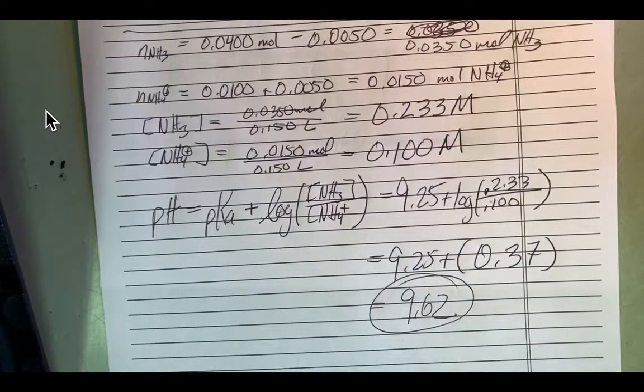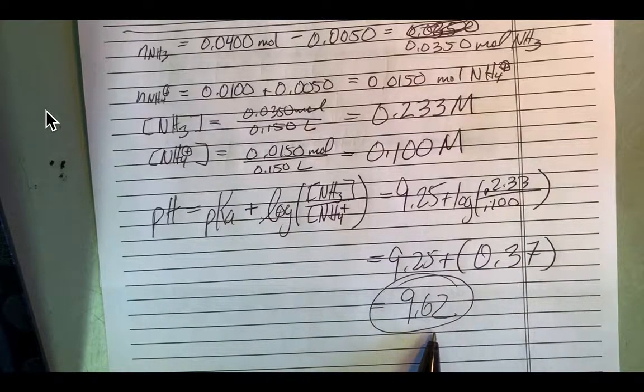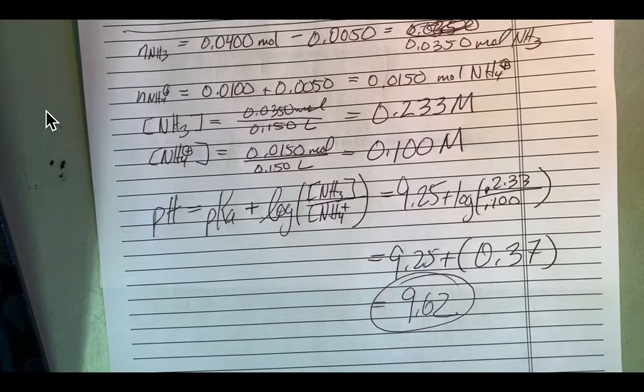Okay, and if you remember from our previous calculation, or you look back, the pH of the buffer solution was 9.85. After adding 50 mLs of this 0.1 molar HCl, we've only moved the pH by 0.2 units.